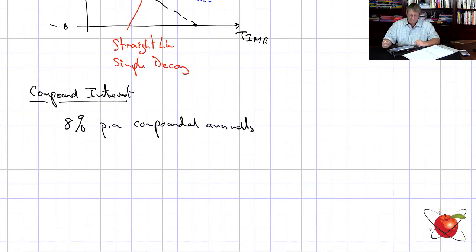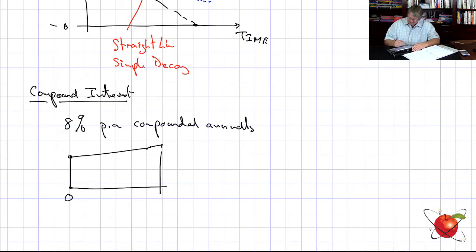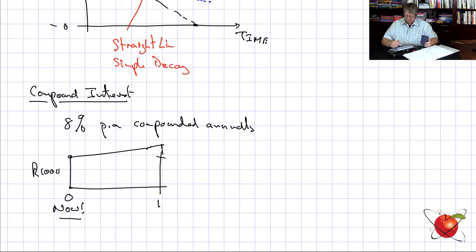Okay? So what does that mean? That means at the end of year 1, we add the interest. So if we have 1,000 Rand over there, I am going to add interest at the end of year 1.